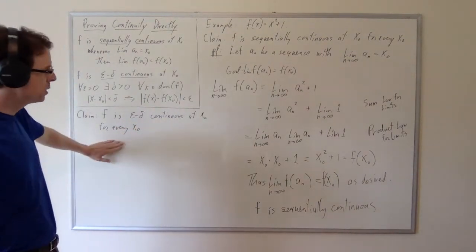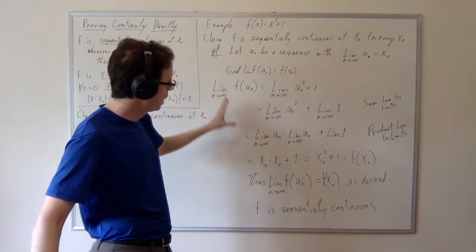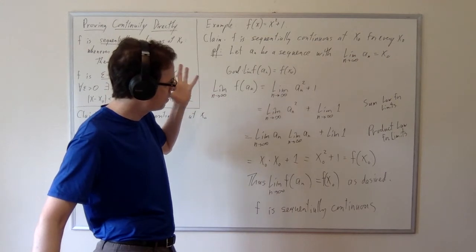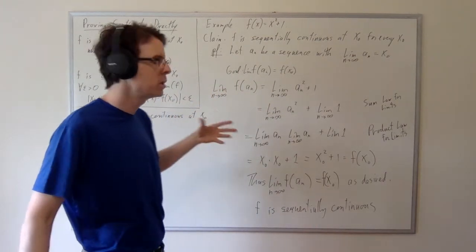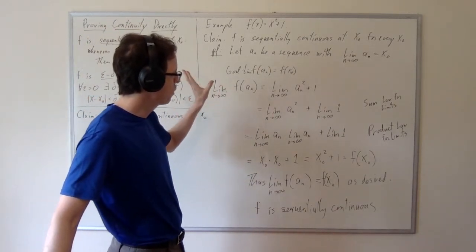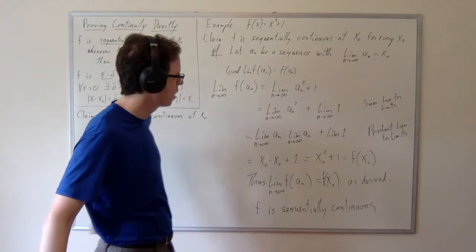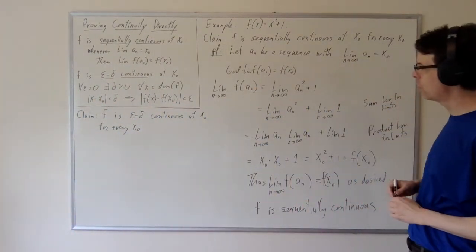Now, this proof is going to be substantially harder. I want you to look at this proof, and before I erase it, this proof was, I mean, not obvious, but also not particularly difficult. There was nothing really subtle or strange going on here. Basically, this proof relied upon the sum law for limits and the product law for limits. And these are laws for sequential limits that have been proven earlier in the course.